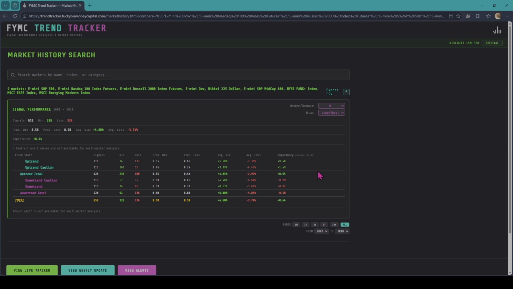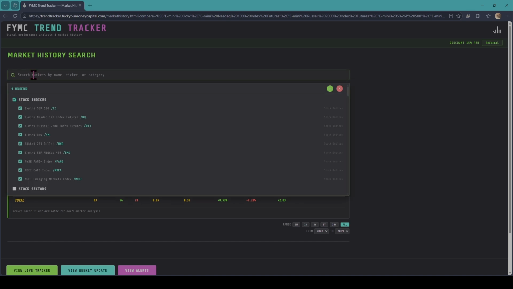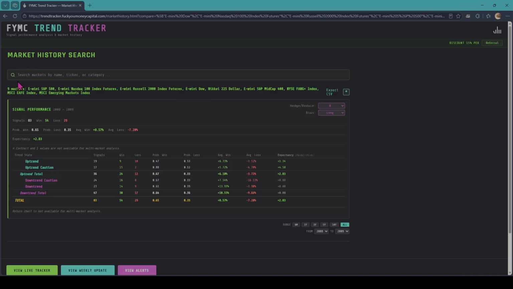So maybe the best thing to do, sit out the shorts, right? That would have gotten you out of trouble in time, because during the crash year, you would have gotten out and just sat neutral to the stock indexes when it flipped into that downtrend. Why don't I pull back a single market view?